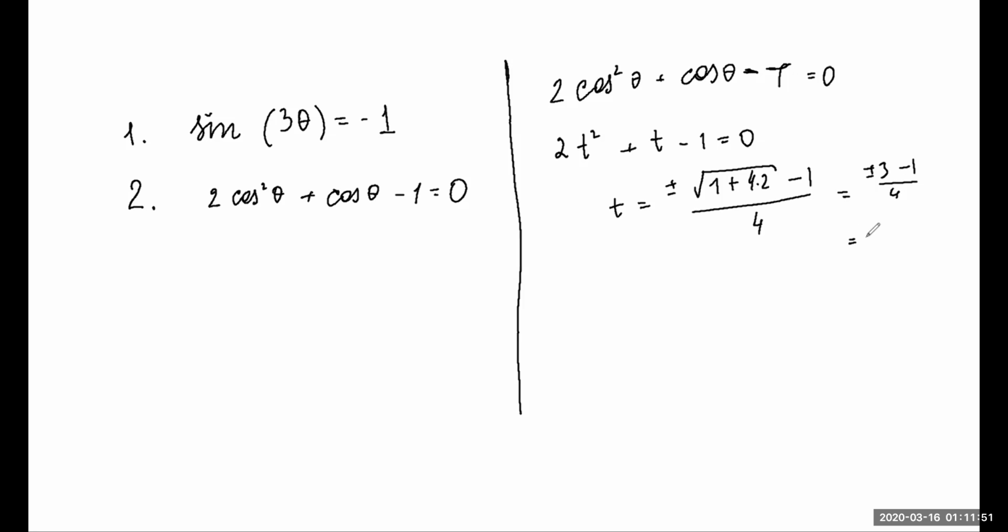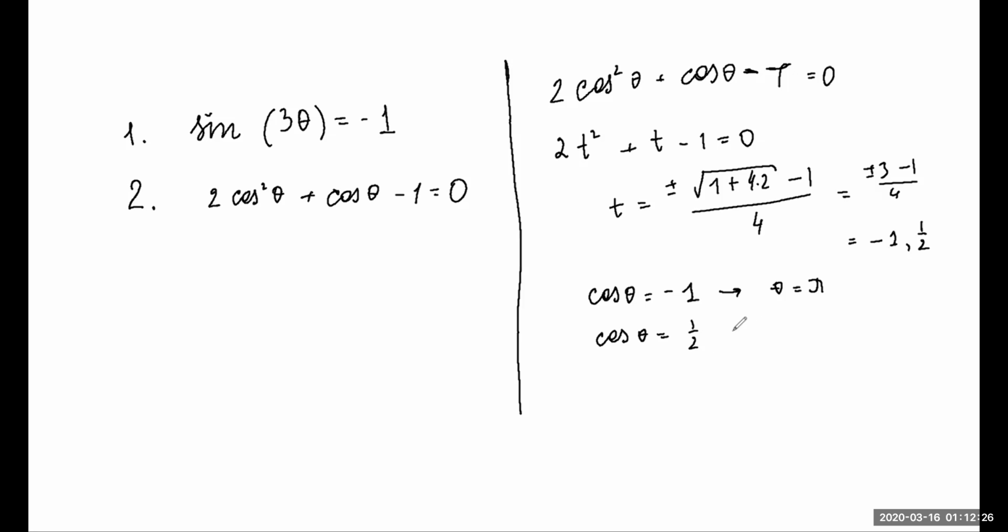And my 2 solutions here are negative 1 and 1/2. So now I'm moving to solving cosine actually. So cosine of theta equals minus 1. Well, I know that theta equals pi. There's going to be no additional thetas fitting into it because 2 pi is going to bring it outside of the interval.